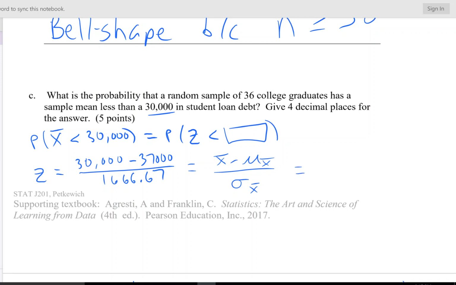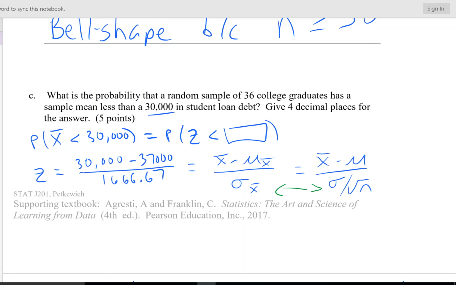Now this simplifies to x bar minus mu, because the mean of the sample means and the mean of the population are the same thing. So that would be okay to just use the mean of the population here. But I need to divide by sigma over the square root of n, right? Remember, these are the same thing.